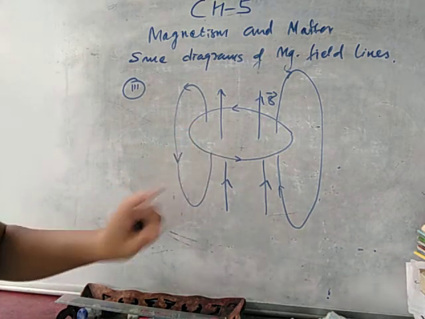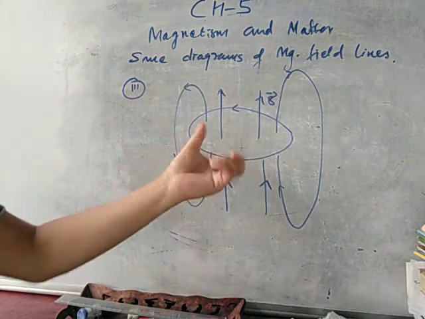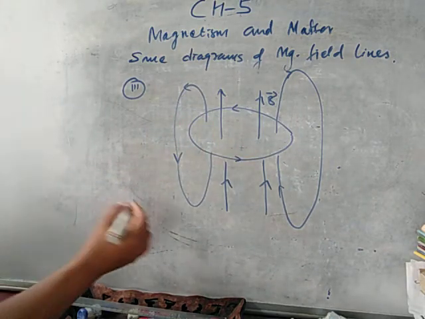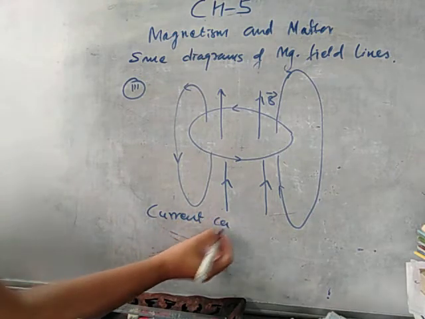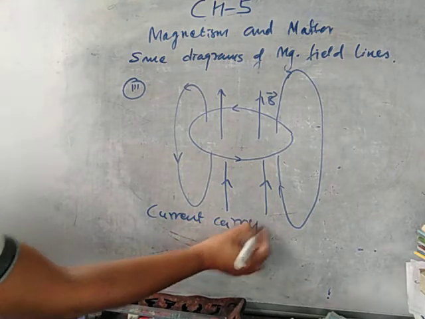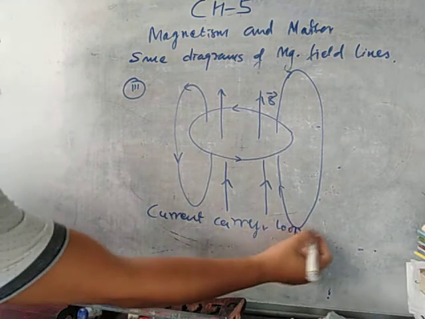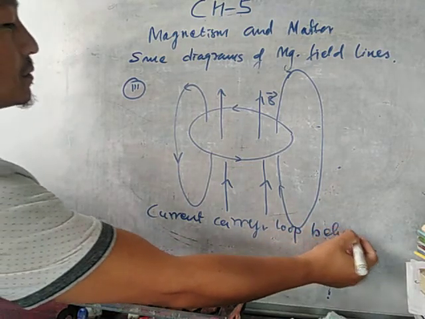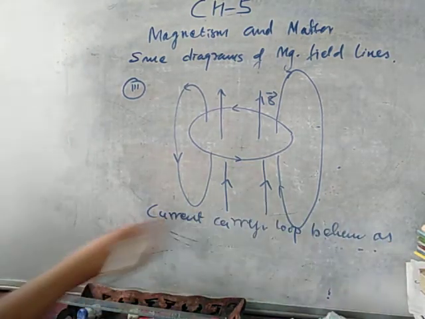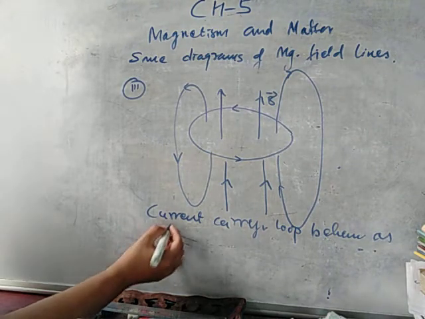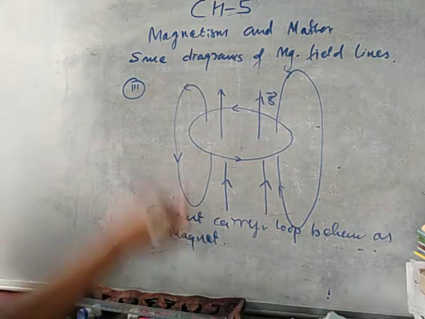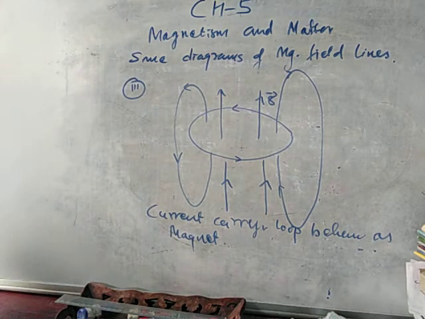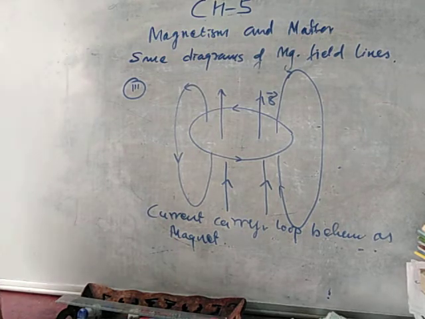Circular wire or loop, current carrying loop behaves as magnet, isn't it? Behaves as magnet.